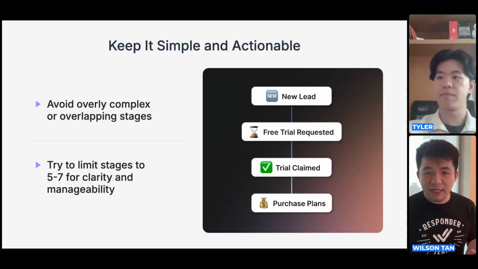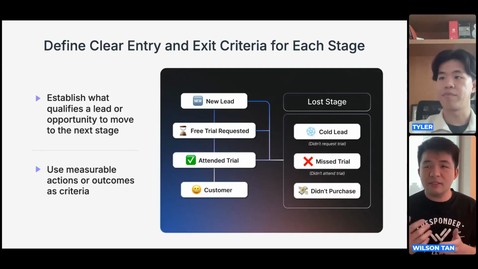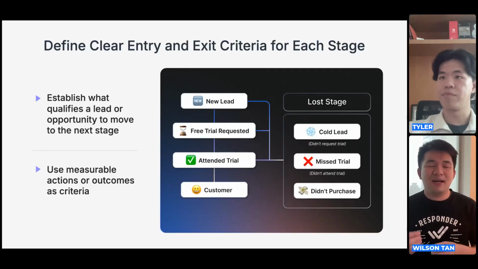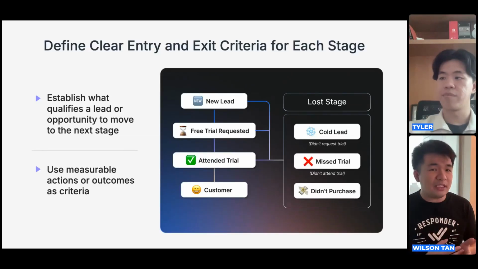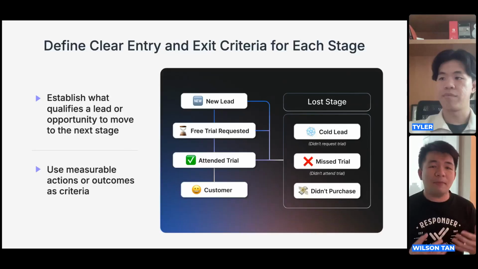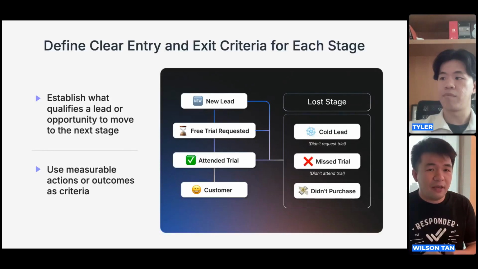And finally, like I mentioned just now, identify the entry and exit points as clearly as possible. If all those criteria are properly laid out, you can calculate conversion rates between stages and identify where customers are dropping off and where they are being converted. These insights will help you optimize your sales process and achieve higher conversion rates, because at the end of the day, we just want to focus on increasing the conversion rate.